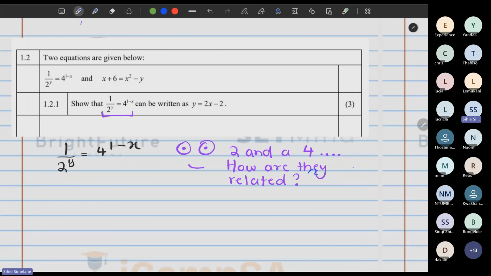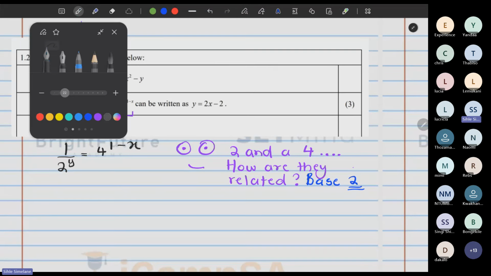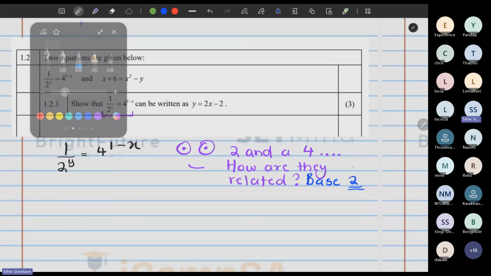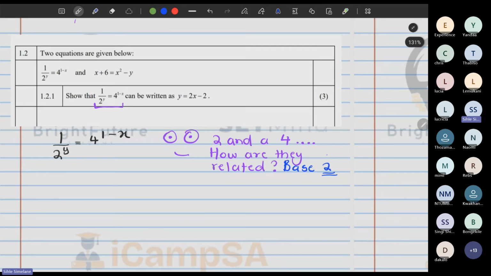If you look carefully, you can change 4 into being 2 to the exponent of 2. Yep, both of them are related by base 2. Okay, thanks for that. So it means we can make a base 2 and then work with what is happening here.